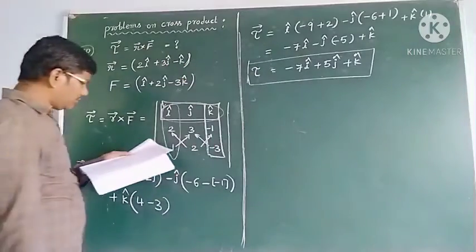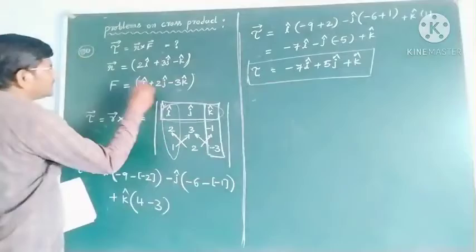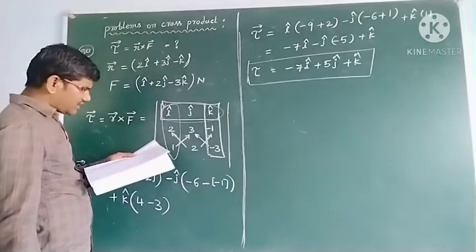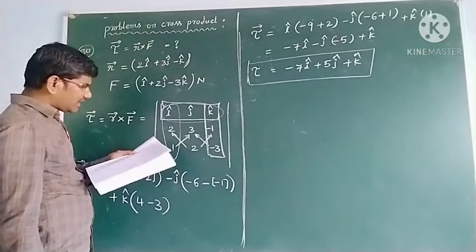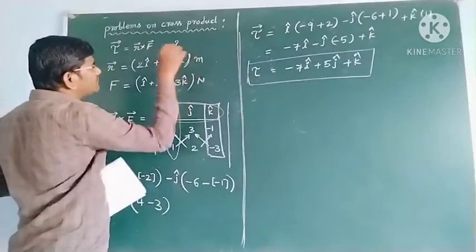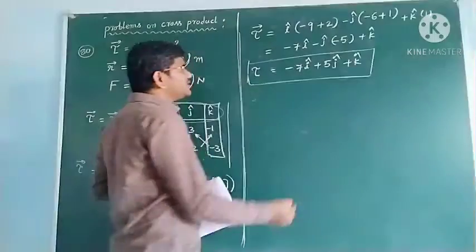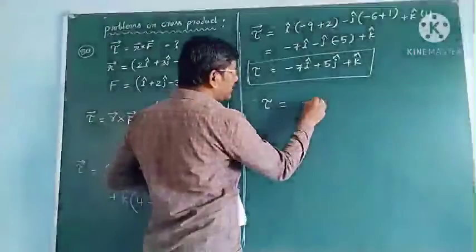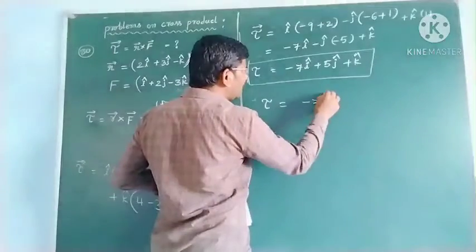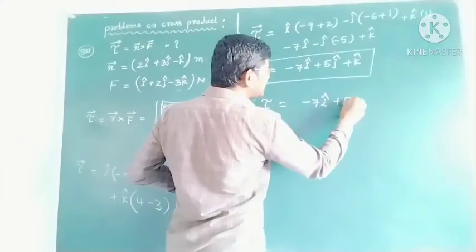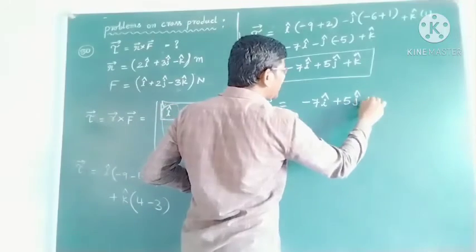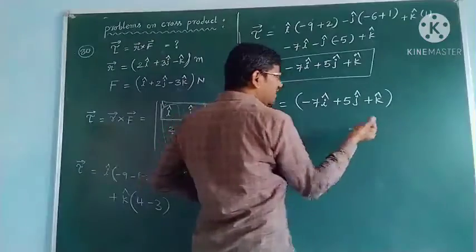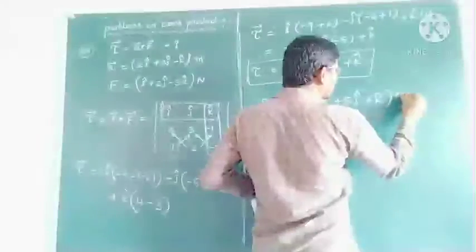Okay students, see in the problem only they have given the force in newtons, and this is the displacement vector r they have given in meters. So you will get the torque tau finally is equal to minus 7 I cap plus 5 j cap plus k cap, and here you will get Newton into meter.